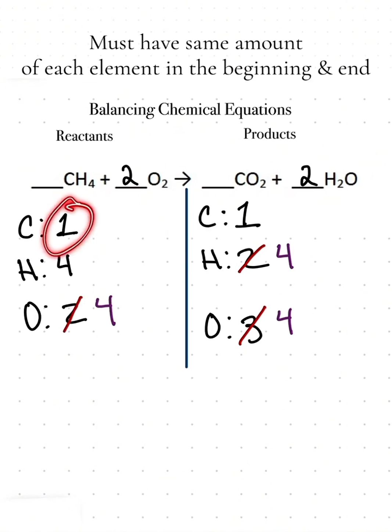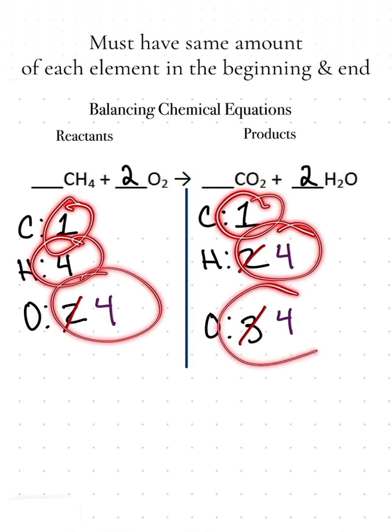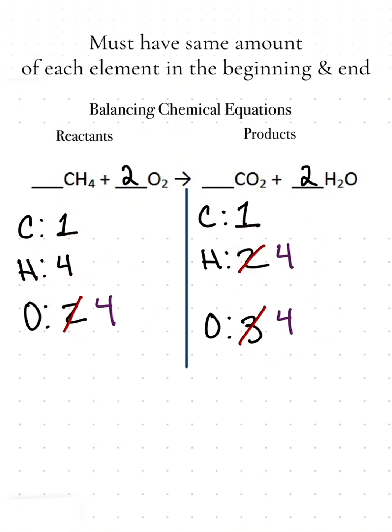We have 1 carbon here, 1 carbon here, 4 here, 4 here, and 4 here, 4 here. So this follows the first law of conservation of mass, and we have equal amounts on our reactants and our products, so we know that we're done balancing. And you don't have to leave these empty, you can just write a coefficient of 1. It would be the same thing as leaving it empty, but I would suggest writing a 1 either way.